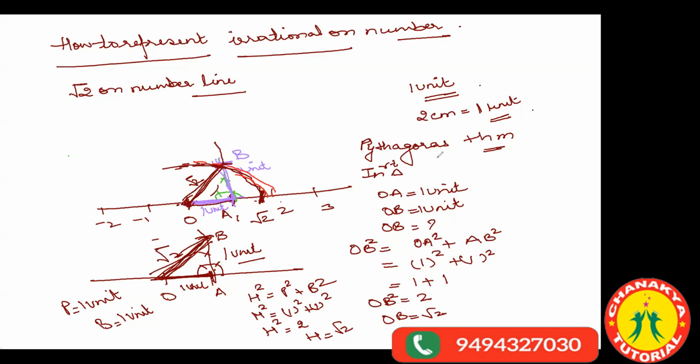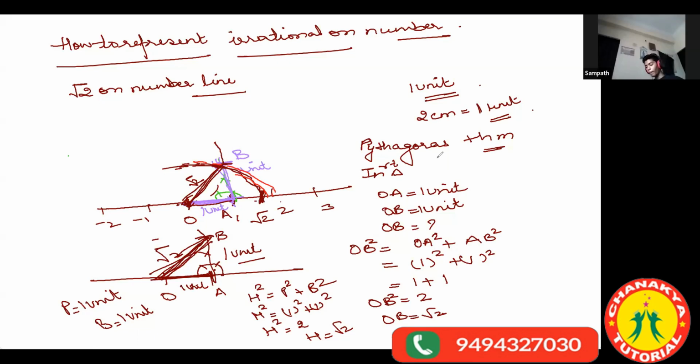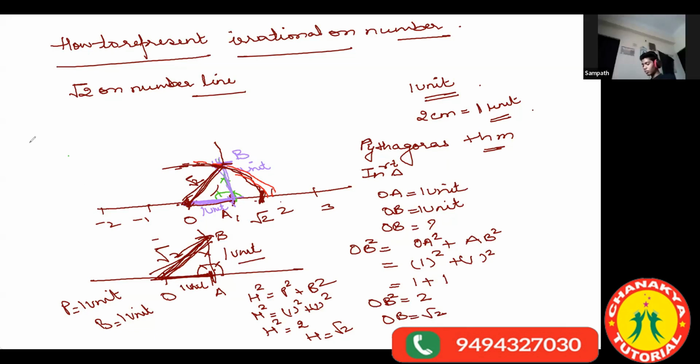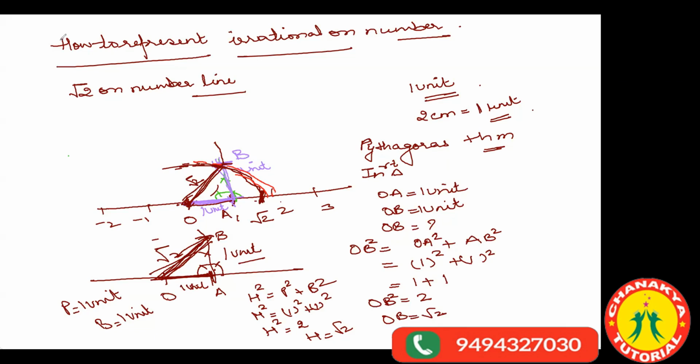Clear? Yes, ma'am. Okay. Now next thing I will tell you is how to represent root 3 on a number line. There are 2 methods for representing root 3 on number line.